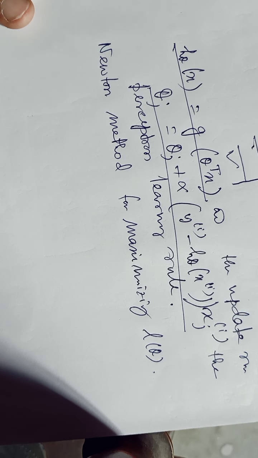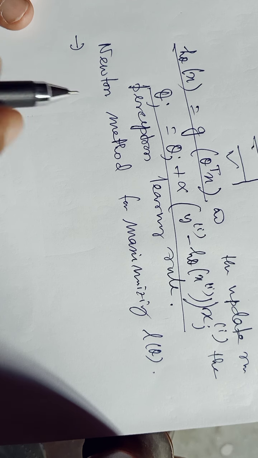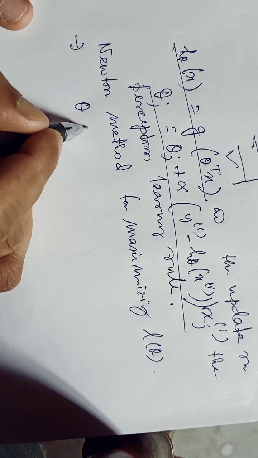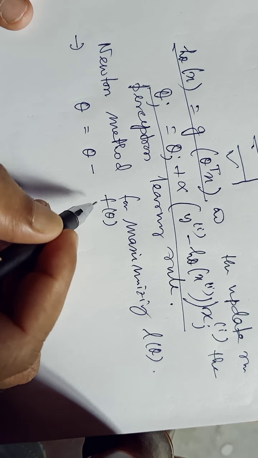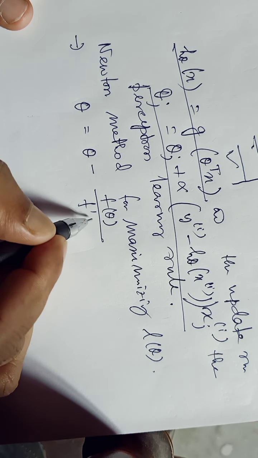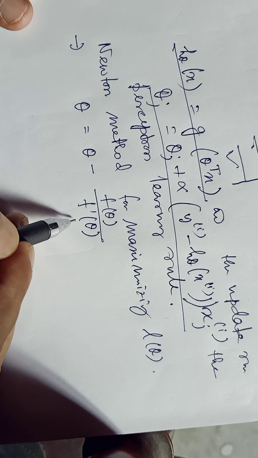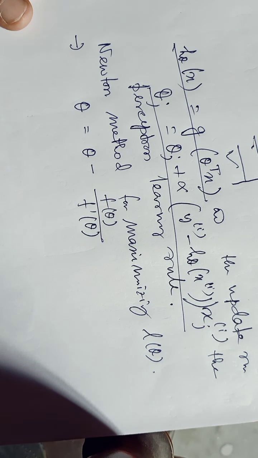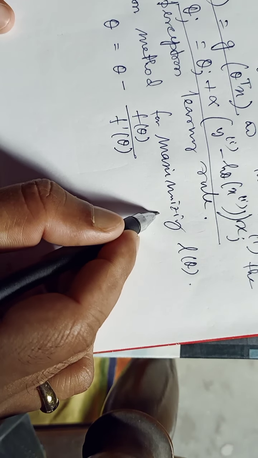Okay, so here the update rule, all of you are aware, is theta equals theta minus, if the function is f theta, then the update rule is theta minus the function divided by the first derivative of the function. So how it works, hope you can remember.